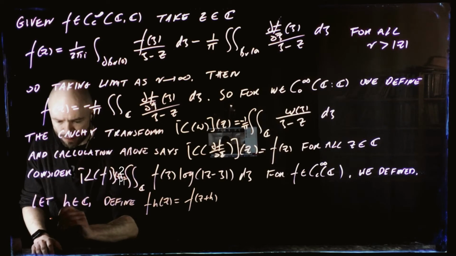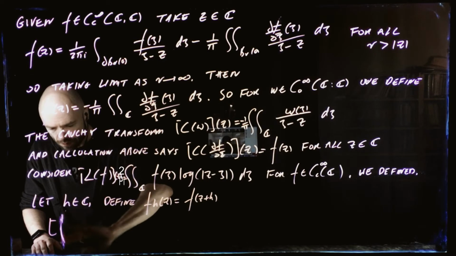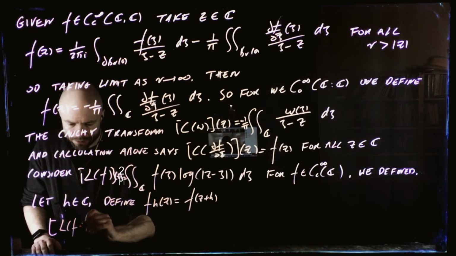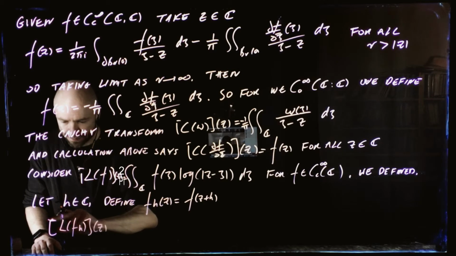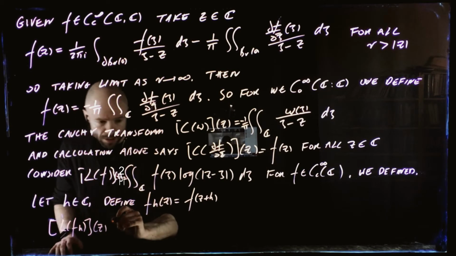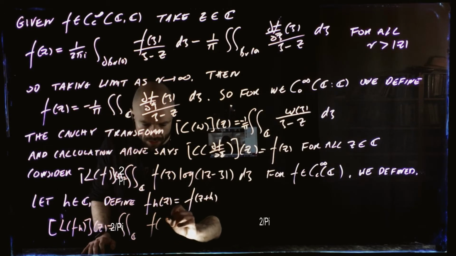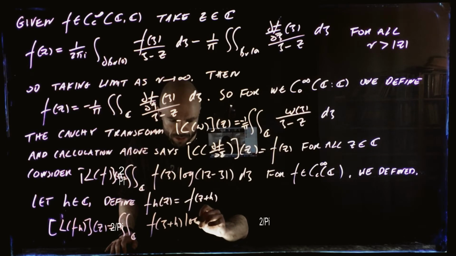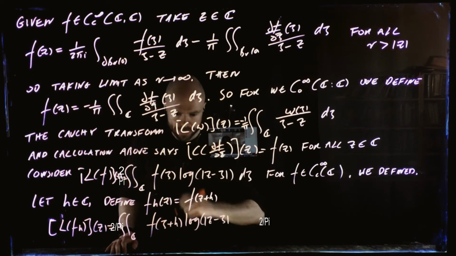Then let's see what happens when we do L of f_h acting on z. This is the double integral over the complex numbers of f of zeta plus h, and then log of z minus zeta.